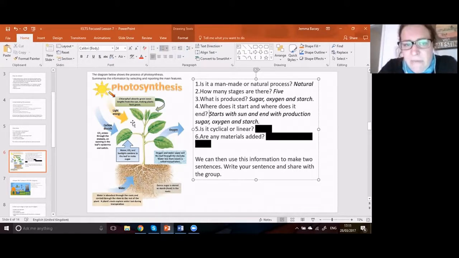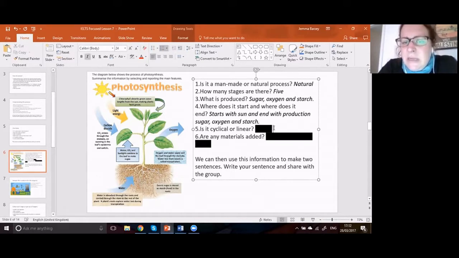Okay, so we've got everything kind of happening on the left side of the diagram. So if you look here, water, CO2 and sunlight combine in the leaf to make the sugar, which is then produced. So being able to identify where it starts and where it ends, if you've had time and you're looking and reading through everything on the diagram, you'll be able to work it out.